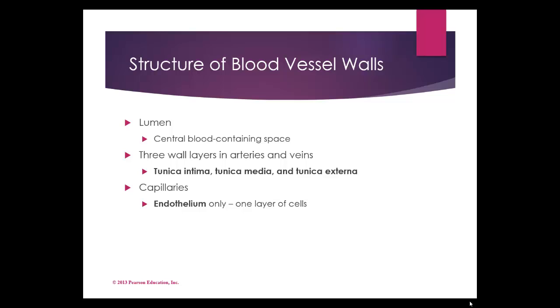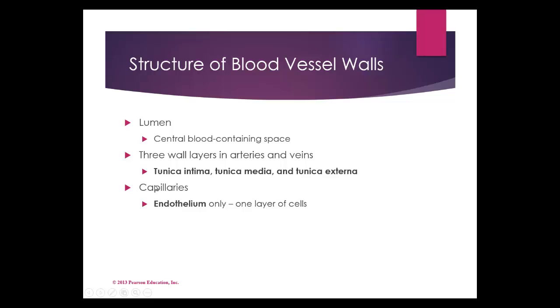So if we look at the structure of the different blood vessel walls, we'll see some differences based on their functions. But what we can assume is that there are three layers of the vessel wall that have the same name in both arteries and veins. We have the inner layer called the tunica intima, the middle layer called the tunica media, and the outer layer of the blood vessel called the tunica externa.